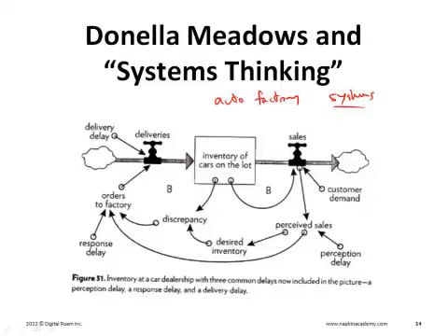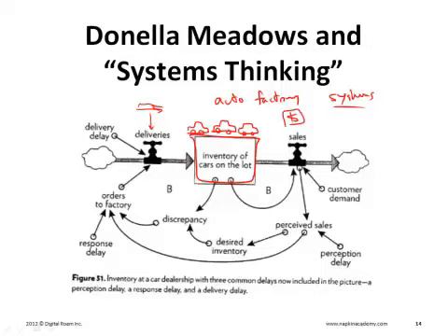And so her flowchart starts with this bathtub in the middle that is an inventory of cars for sale that are sitting on the car lot. The inflow, of course, is deliveries, so cars that are coming in by train or by truck. And the outflow in this case is sales, so people who are buying those cars.